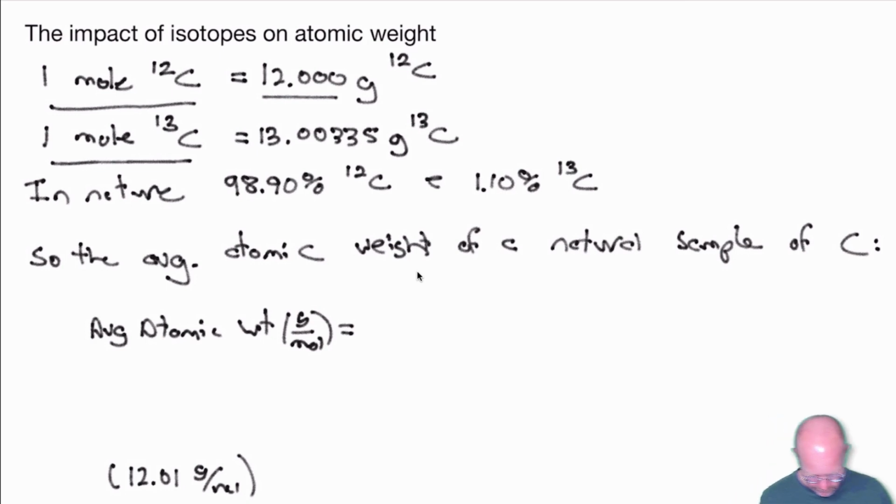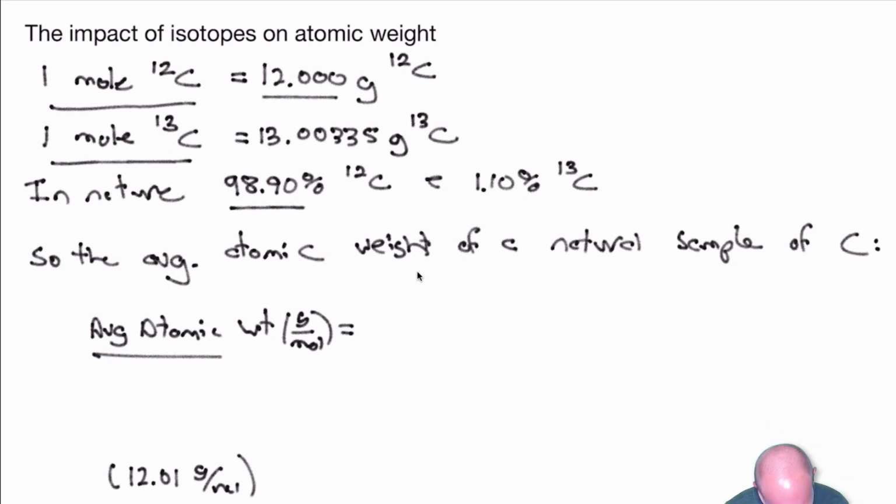We've already practiced using the weighted average, but let's talk about it. In nature, there's 98.90% carbon-12, and there's 1.10% carbon-13. We can calculate the average atomic weight that we see in nature using a weighted average calculation. You take the percentage of carbon-12 times its weight plus the percentage of carbon-13 times its weight.